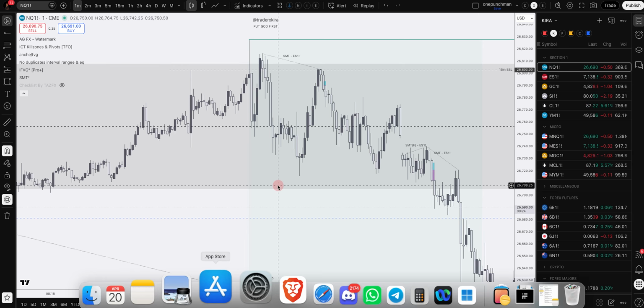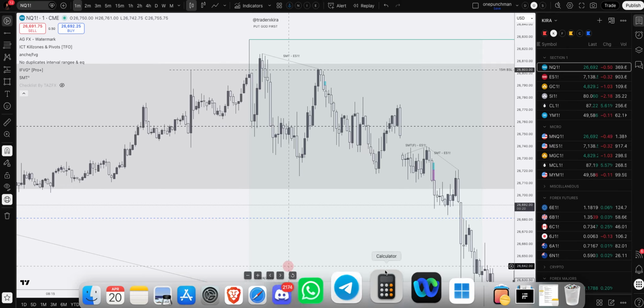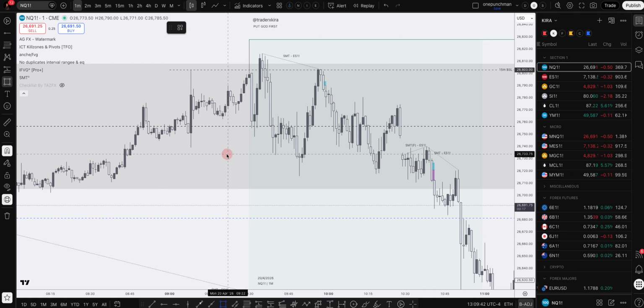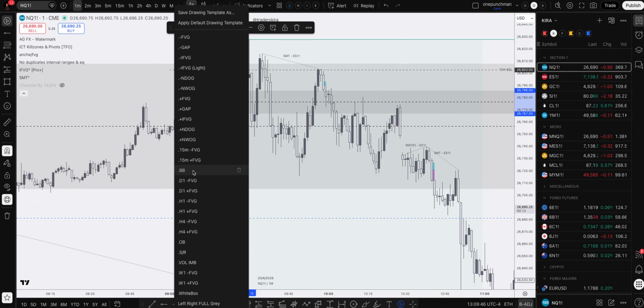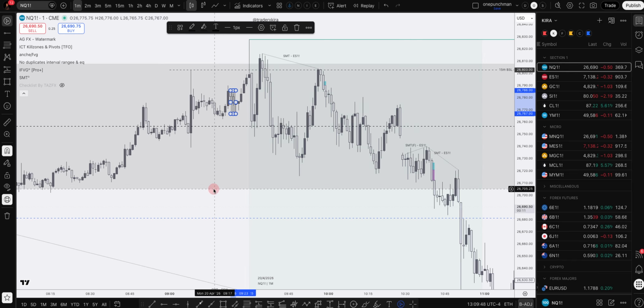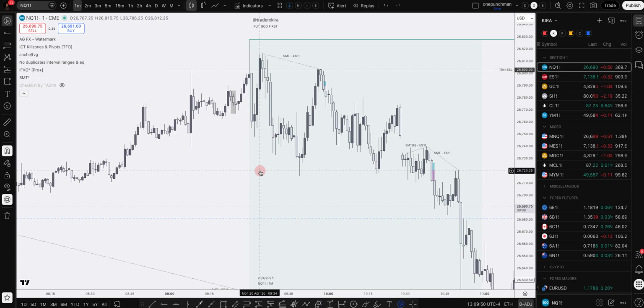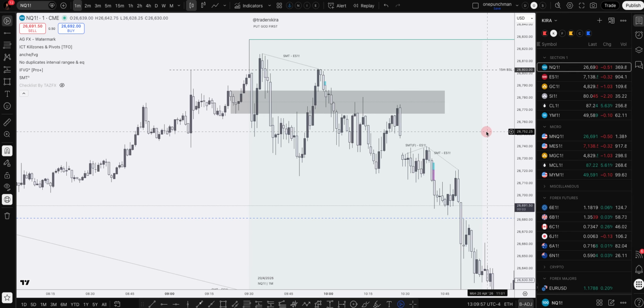In this case, what we end up seeing is a unicorn, right? If I go right here, we can identify where the breaker block is. I'll just remove this for a second so we can see the screen a little clearer. Here's the breaker block, and I'm just going to mark it like this.